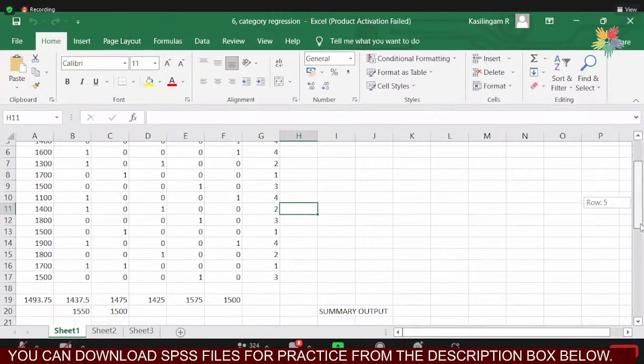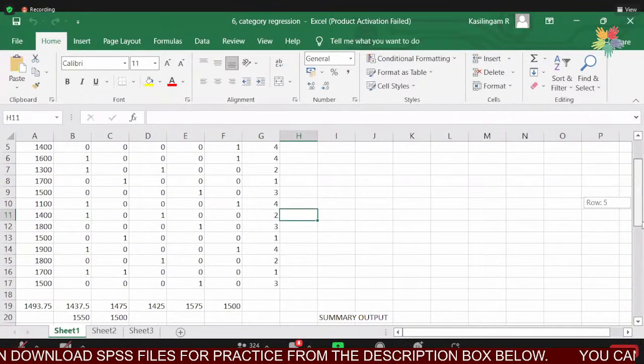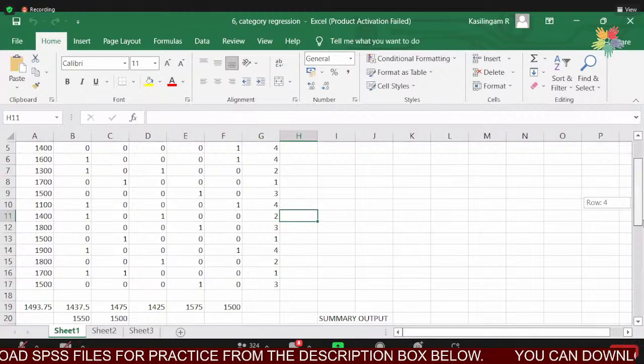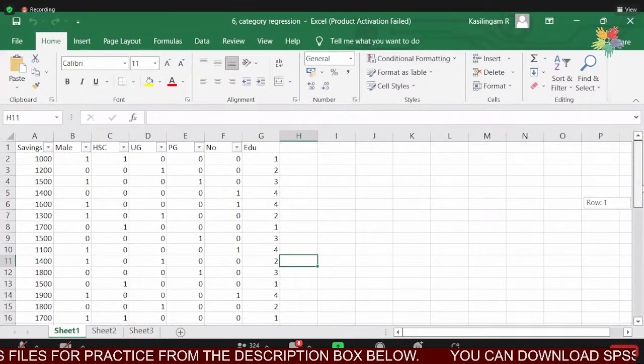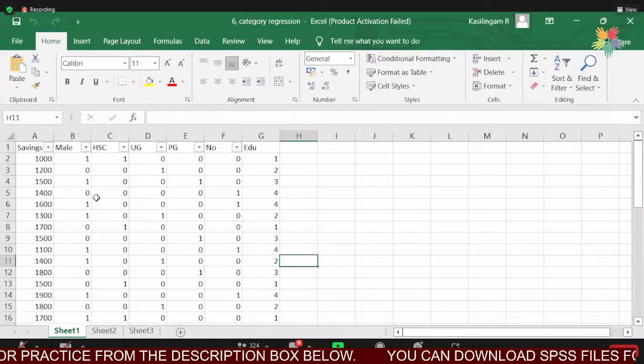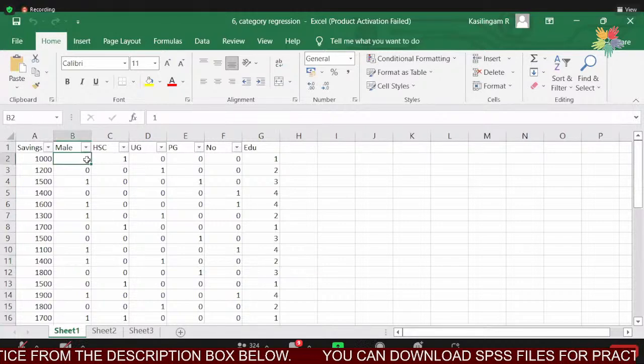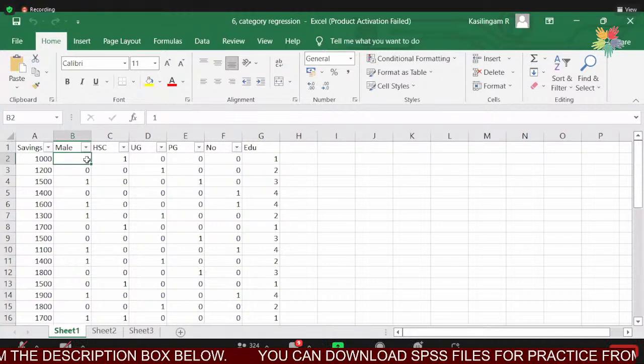Now I will give some information, then I will type. Out of 16 people, I put 8 male and 8 female.